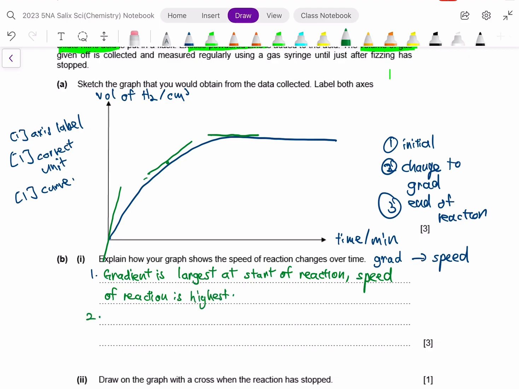Number 2, as the reaction proceeds, the gradient decreases and becomes more gentle, or you can say the speed of reaction will decrease.